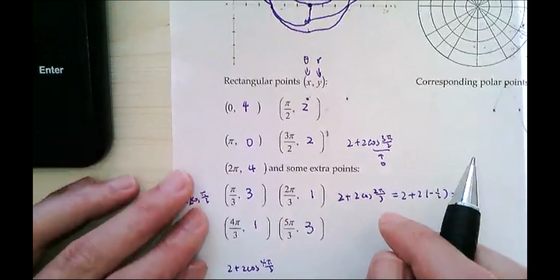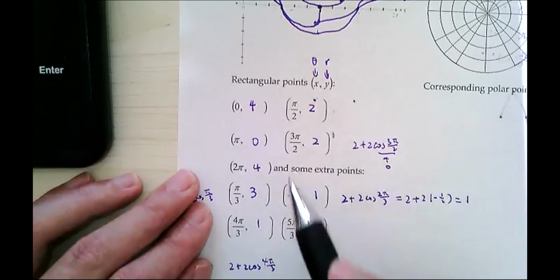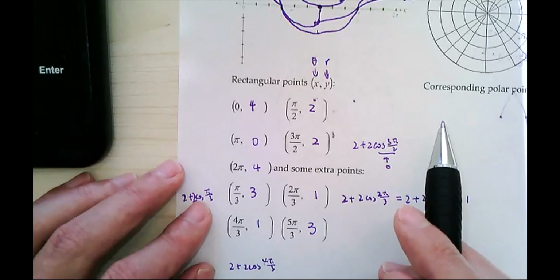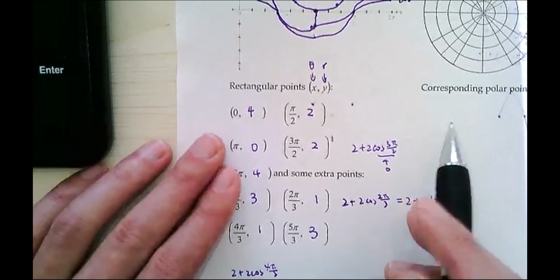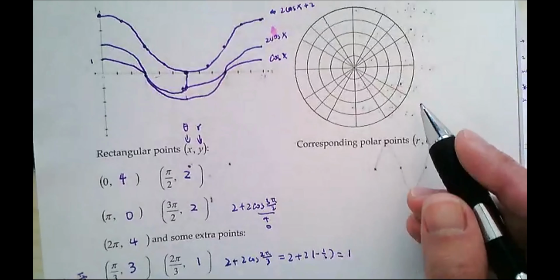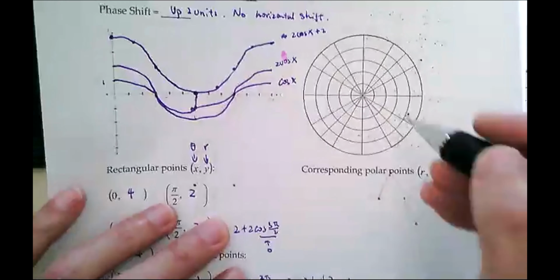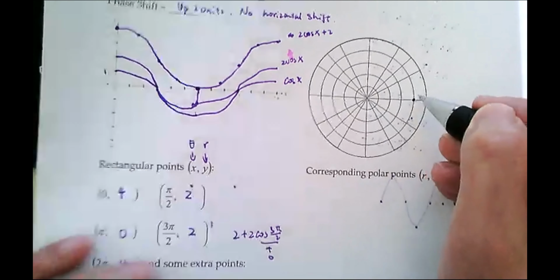Okay. So I successfully filled in all the points. Anyone has any question about those points? Okay. So let's start marking those points on the polar coordinates. First, when x is 0, it's 4.